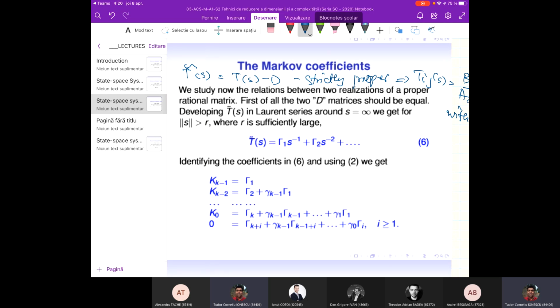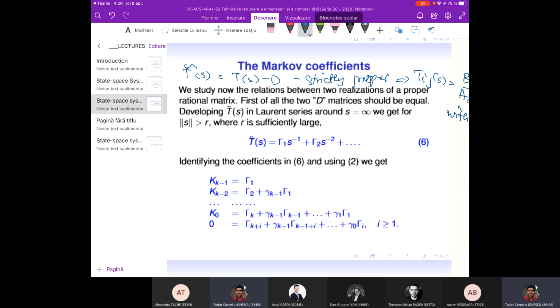So we develop T tilde S in a Laurent series. This is something from complex analysis. A Laurent series is an extension of what we know from real function analysis. The Laurent series is an extension to the other side, to the minus part, if you like.